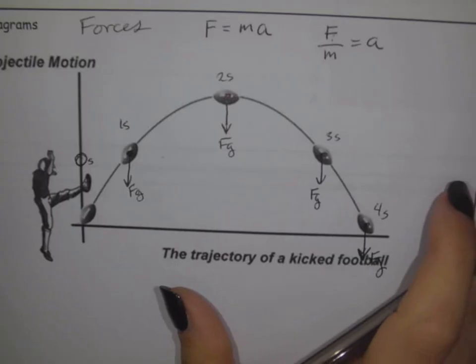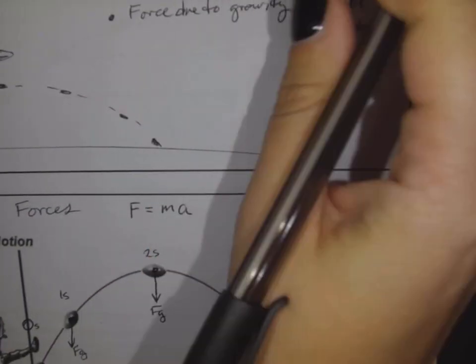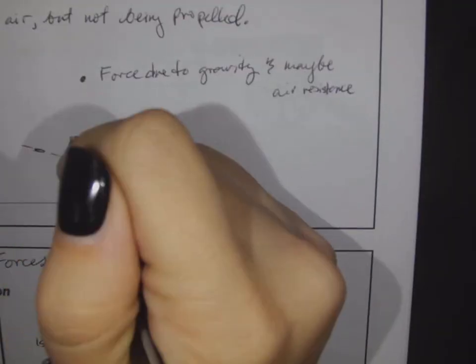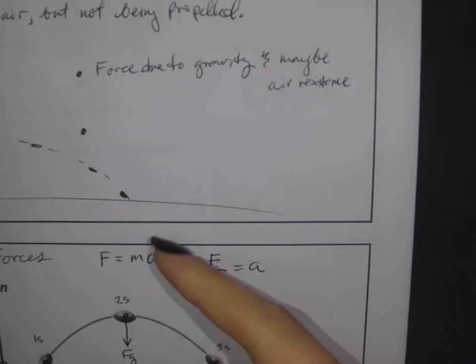So that's another thing that we can say, and really I need to break this apart into the x and the y, but let's talk about the y direction, the up and down, towards the earth, away from the earth.